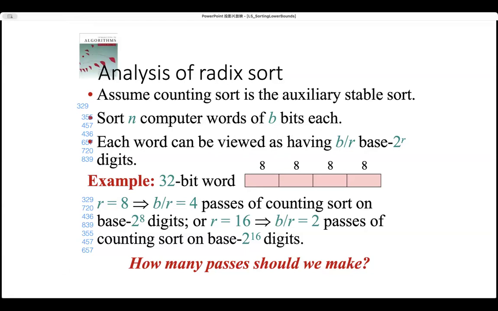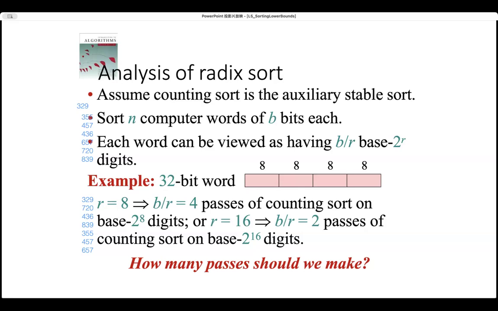I hope you have taken a computer architecture course. So a word is 32 bits and you can break it into four 8-bit pieces. In this case, R is 8. Each word can be viewed as having b divided by r base 2 digits.